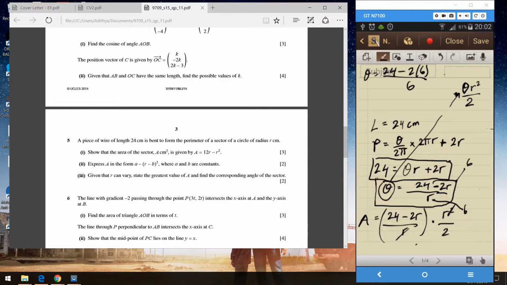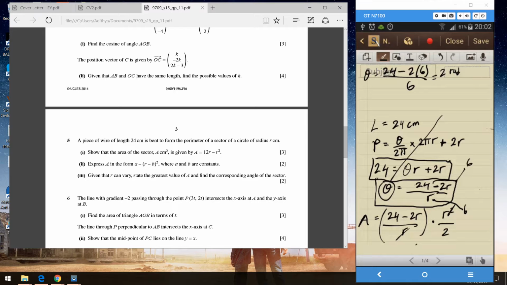That is 24 minus 12, that's 12, divided by 6, that's 2 radians, not degrees, 2 radians. Whenever you're working with this kind of problem, try to use radians rather than degrees, because otherwise you'll get very weird numbers like 300 degrees.